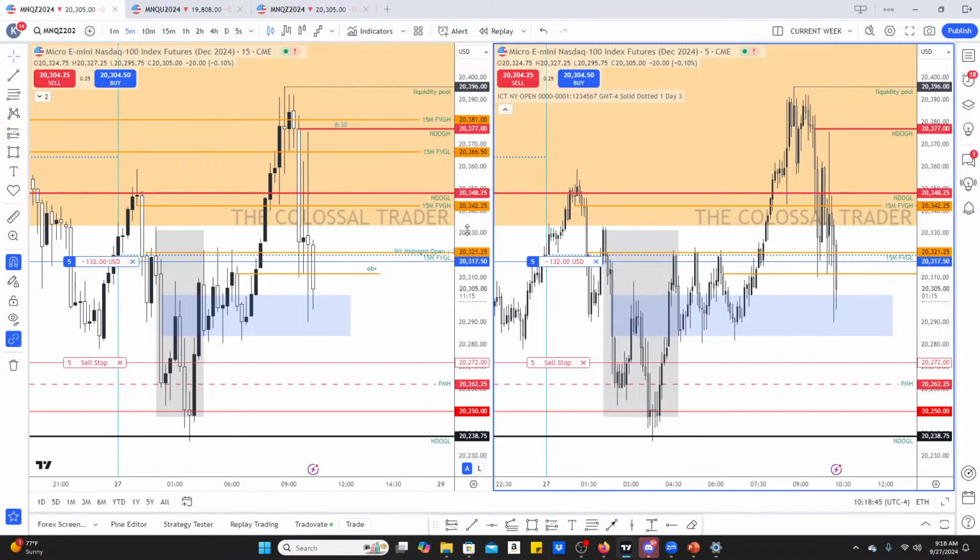Unless we see some type of bullish, aggressive move, boom, that pushes price higher, which is what I'm expecting, but it's taking too long.